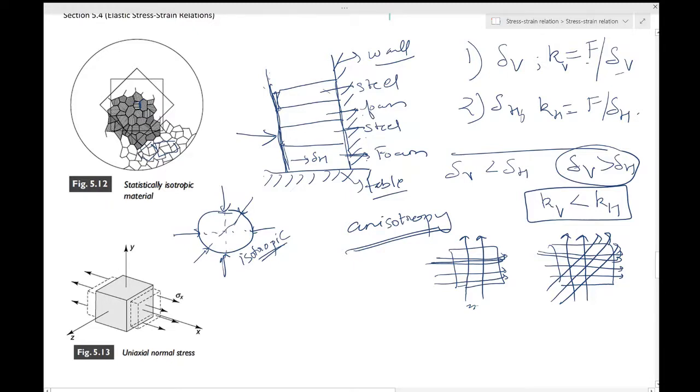So the words isotropy and anisotropy are not limited to mechanical properties or mechanics as such. This is something you will keep in mind. But of course, we'll only concern ourselves with mechanical behavior.